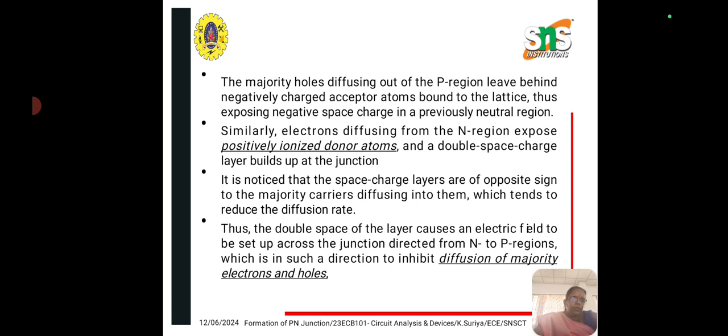It is noticed that the space charge layers are of opposite sign to the majority carriers diffusing into them, which tends to reduce the diffusion rate. Thus the double space charge layer causes an electric field to be set up across the junction directed from N to P regions, in such a direction as to inhibit diffusion of majority electrons and holes.